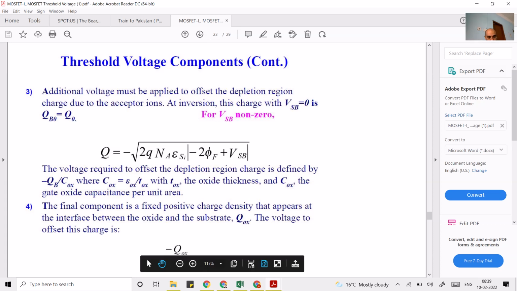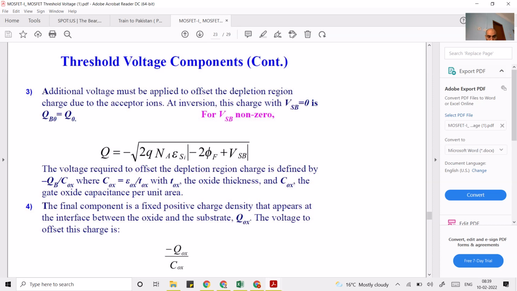Let's assume the trapped charge density is Qox. If we want to find the voltage for that, we can do the same thing we did in point 3.